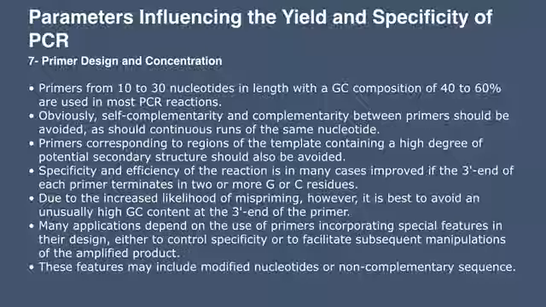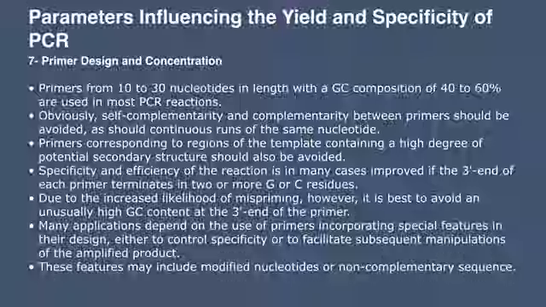Primers corresponding to regions of the template containing a high degree of potential secondary structure should also be avoided. Specificity and efficacy of their action is in many cases improved if the free end of each primer terminates in 2 or more G or C residues.